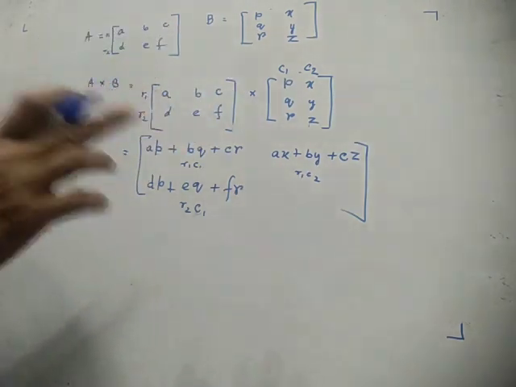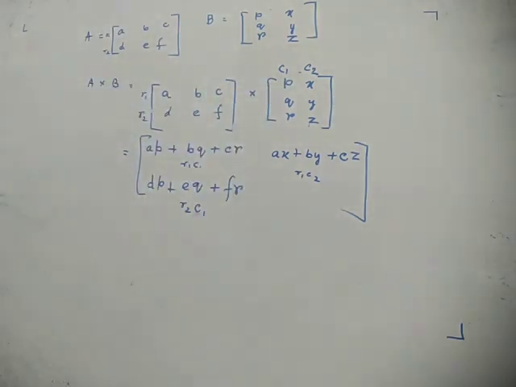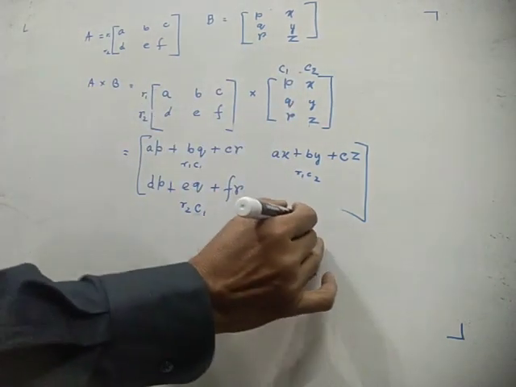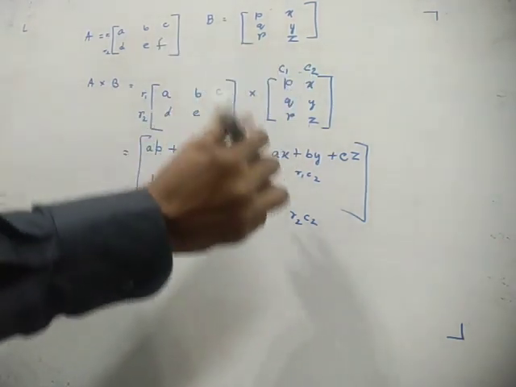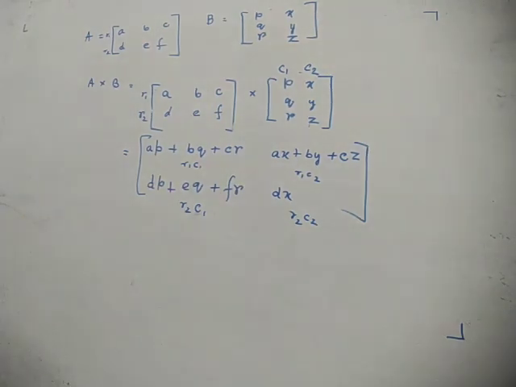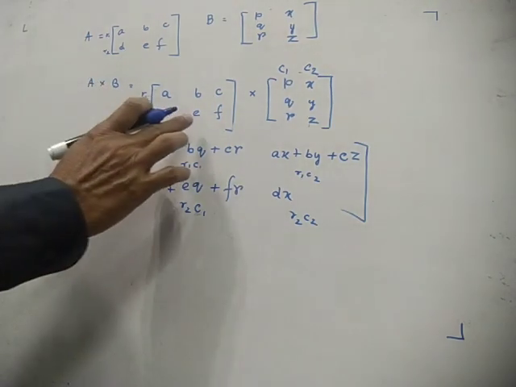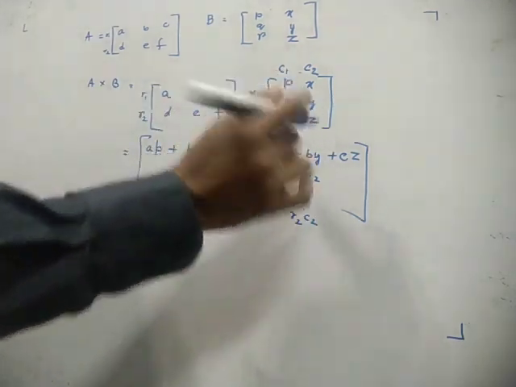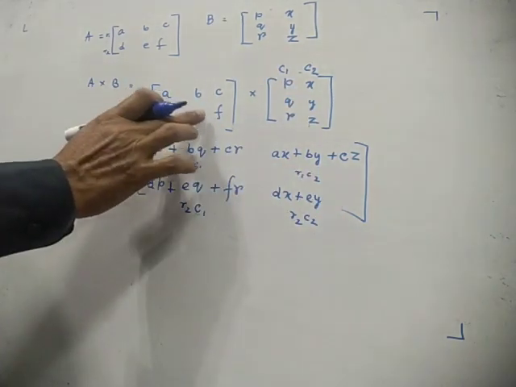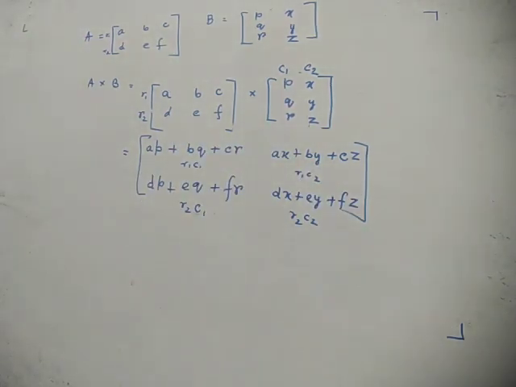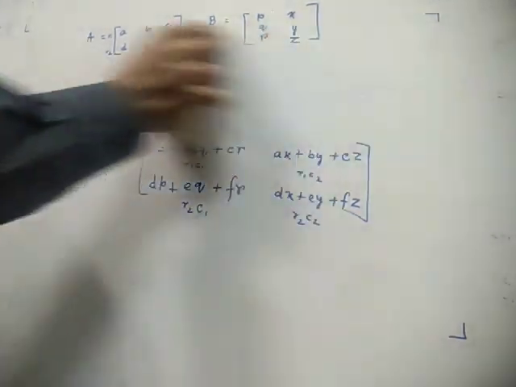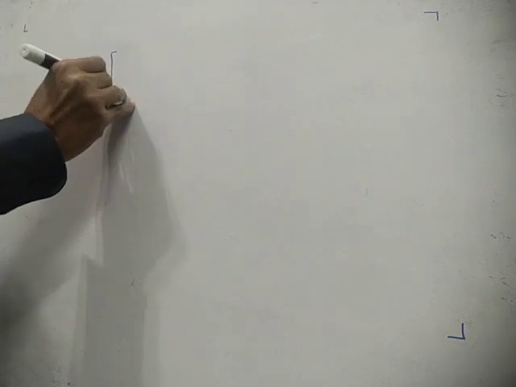For the second position we multiply the second row with the second column: D into X plus E into Y plus F into Z. That means R2 C2 is made from the second row and second column. Matrix multiplication is like this. Now we'll take another example and then it will be clear to you.